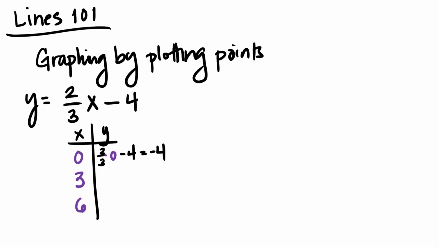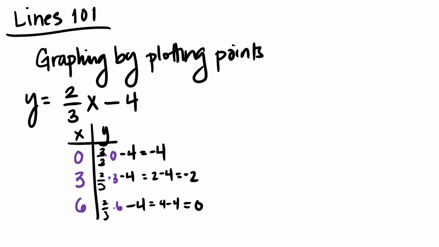If we plug in 3, we'll get 2/3 times 3 minus 4, which will give me, okay, the 3's will cancel, 2 minus 4, which is negative 2. And the last one will have 2/3 times 6, which will give me 12 over 3, which is 4. So we'll get 4 minus 4, which is equal to 0.